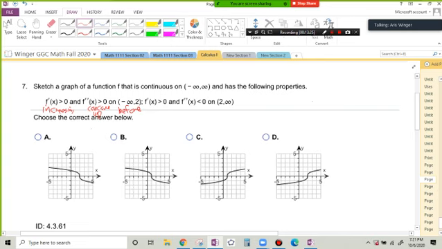Increasing, concave up. The first derivative is positive, concave up, again from the previous page. And then all of a sudden it keeps increasing, but then it turns concave down.